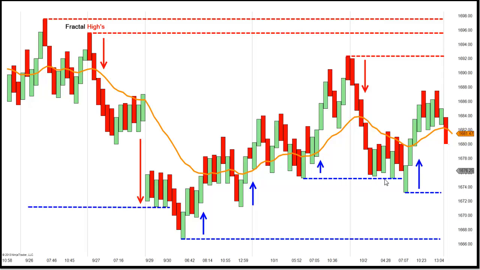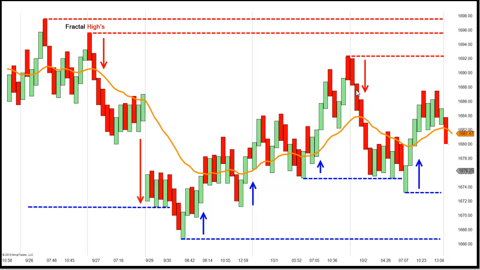After testing support at yesterday's low and auctioning back up to 1682, the S&P sold back down to the low and made a modest lower low, trading down 2 points below the prior low, where stops are typically located. After probing for stops 2 points below yesterday's low, S&P futures auctioned back up through the trading range, trading up to 1687.